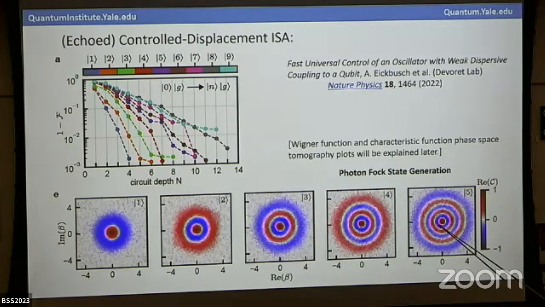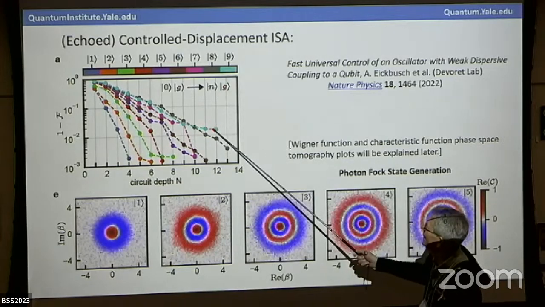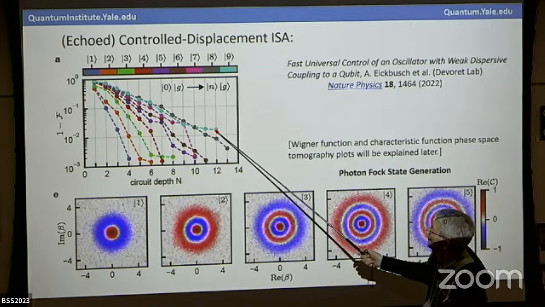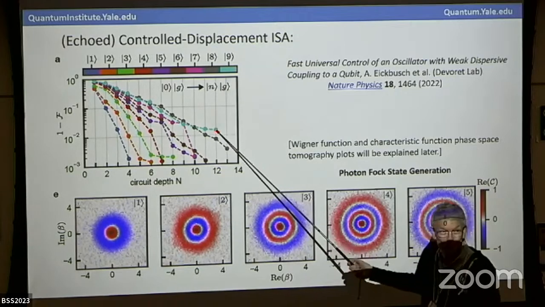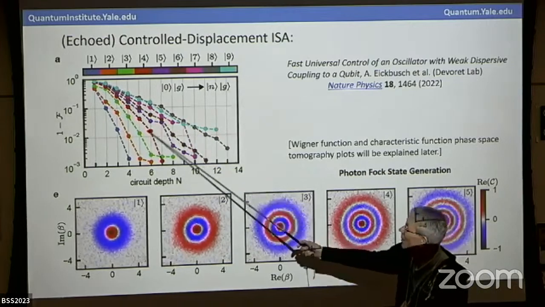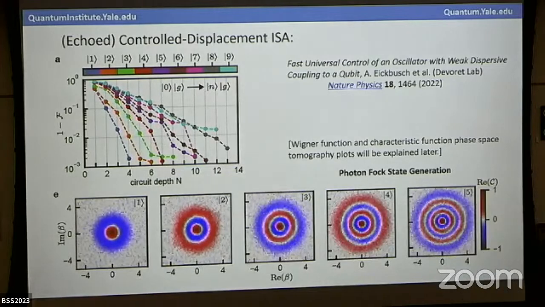Well, you can imagine 5 is the hardest. But here you see, for 9, you didn't get that great infidelity even after 12 steps. Each of the colors here corresponds to which state you're trying to make. Sorry, should have said that.